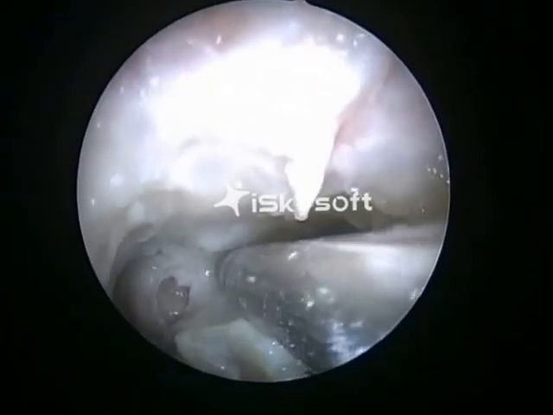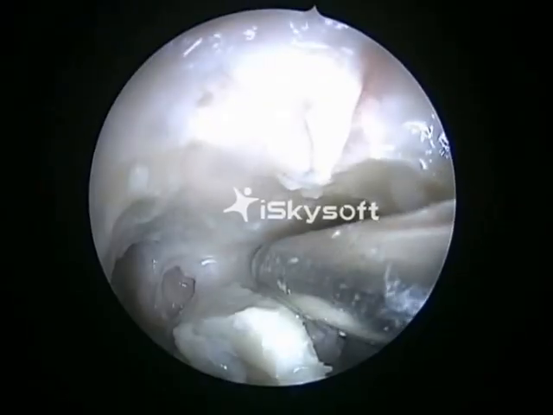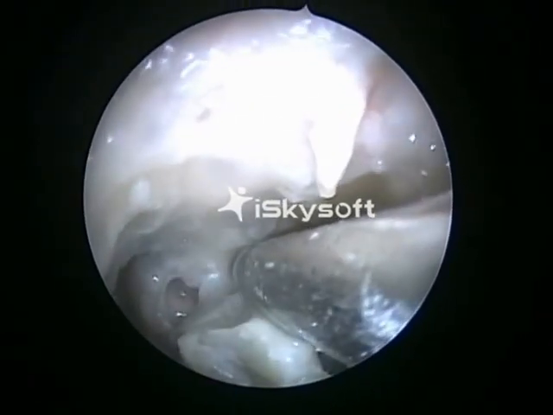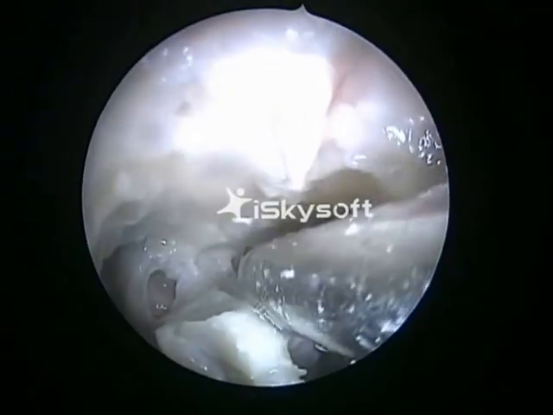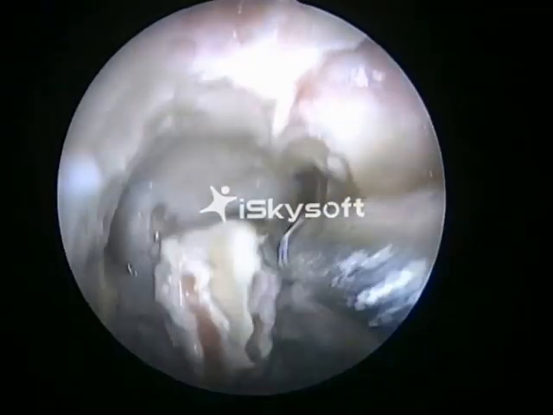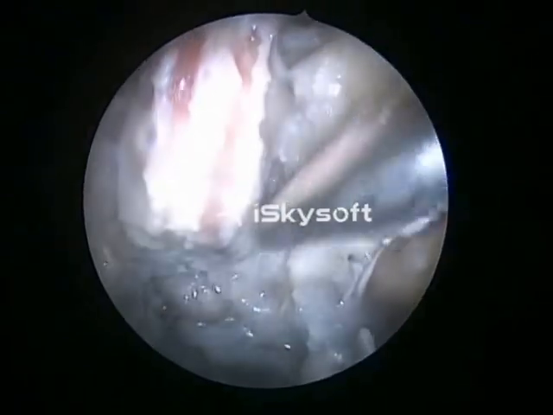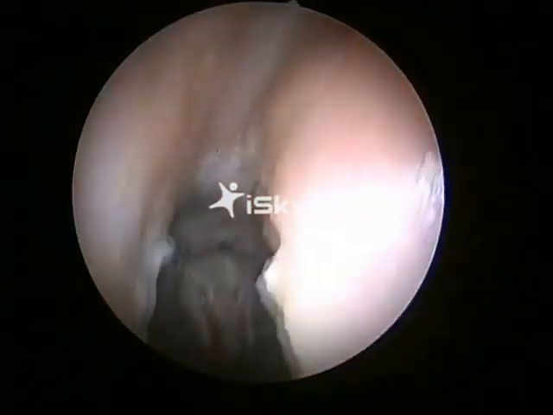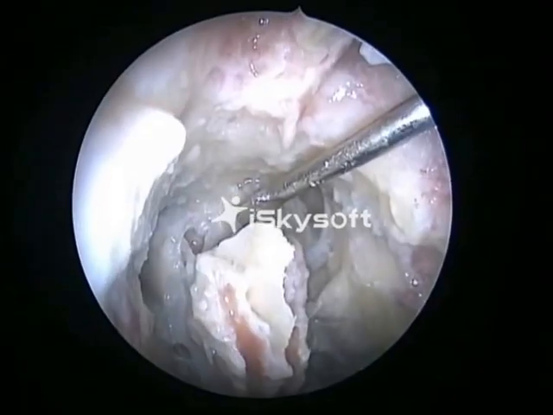That's the posterior wall of the frontal sinus. The crista galli has to be separated at this point, and already the skull base has become mobile. It's attached only to the falx cerebri now. The falx cerebri is cauterized and sharp dissection is used to cut it.